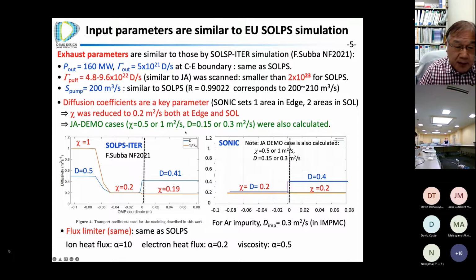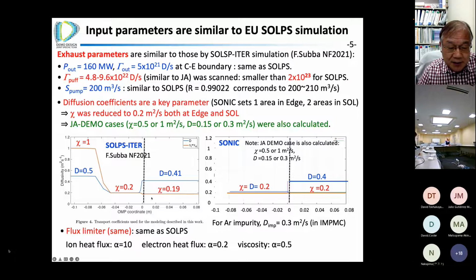One of the important things is the diffusion coefficient. In SOLPS calculations, in the edge regions, the diffusion coefficient for energy is about 0.2 square meter per second, and the diffusion for power is 0.19, and the diffusion for particles is 0.41.